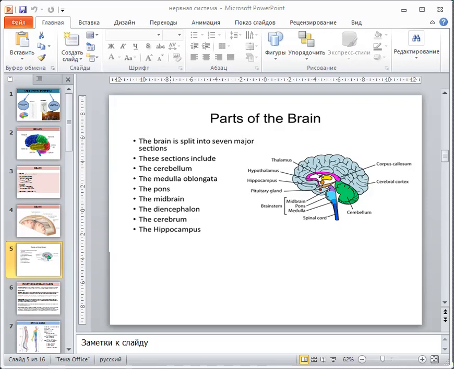The third section is the cerebellum. The cerebellum consists of 2 large cerebellar hemispheres and the vermis, which connects the hemispheres with each other. The cerebellum weighs 120 to 150 grams.